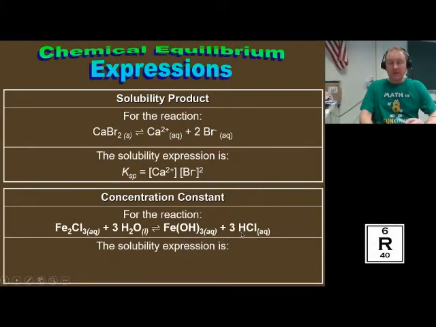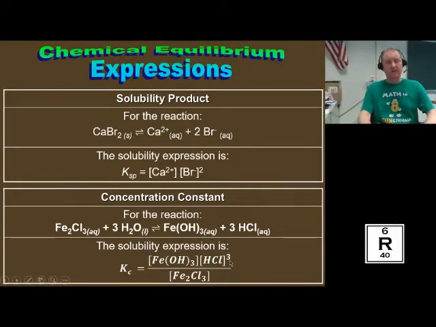So again, we're going to put the products over reactants, and we're going to have one of the iron 3 hydroxides, and we're going to say the hydrochloric acid, but we're going to have that to the third power because of this coefficient, and it's going to be over the iron 3 chloride, which is here. We're not going to include the water because it is a liquid, so that would not be in the expression. So the Kc for this reaction would look like this. So just reminders on how to set this stuff up. These are all things you need to be able to do to put the numbers in there.